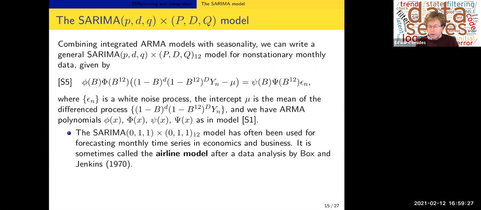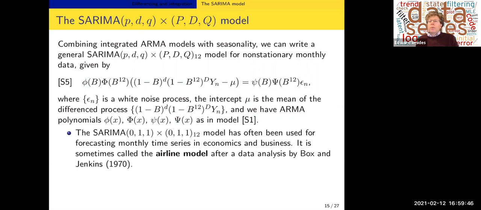Epsilon_n is a white noise process, mu is an intercept that models the trend, well, I guess it's the mean of the differenced y's.